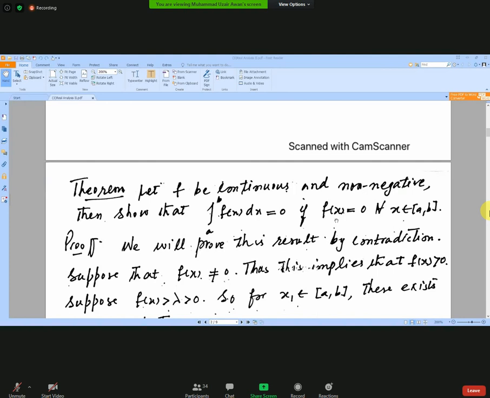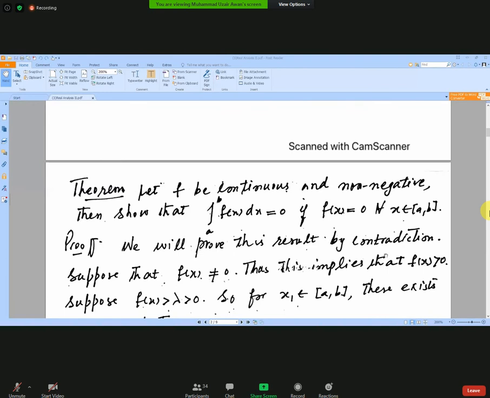देखें, we have to show that if f of x is equal to 0 तो ये equal to 0 होगा. हमने contradiction से इस तरह स्टार्ट किया कि suppose करते हैं कि f of x is not equal to 0. हमने ये शो करना है कि integral a to b f of x dx is equal to 0 तब ही होगा जब f of x is equal to 0 होगा. हम suppose कर लेते हैं कि f of x is not equal to 0, तब हम चेक करते हैं कि तब भी ये equal to 0 आता है कि नहीं.